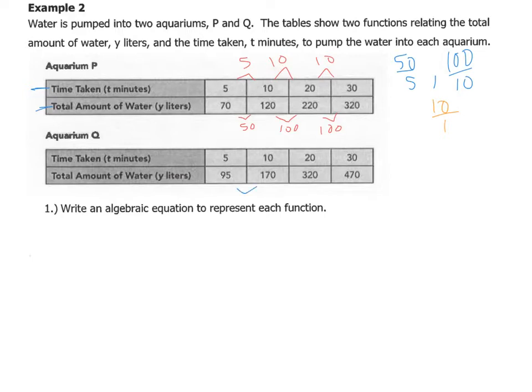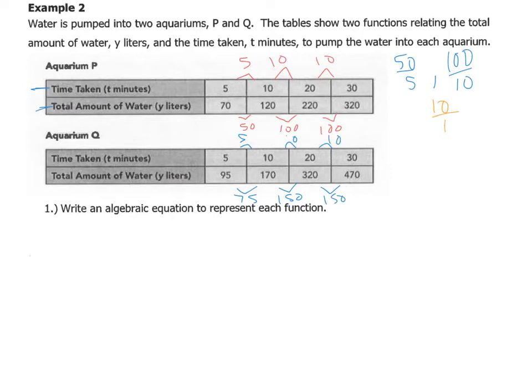Now we're going to look at aquarium Q. So from 95 to 170 is 75. From 170 to 320 is 150. And from 320 to 470 is 150. 5 to 10 is 5, 10, and 10.